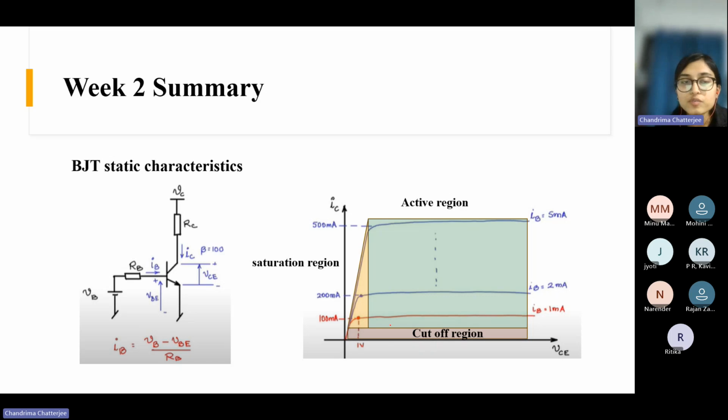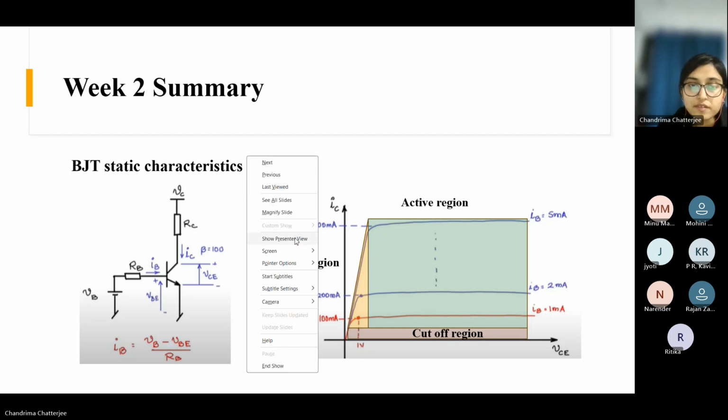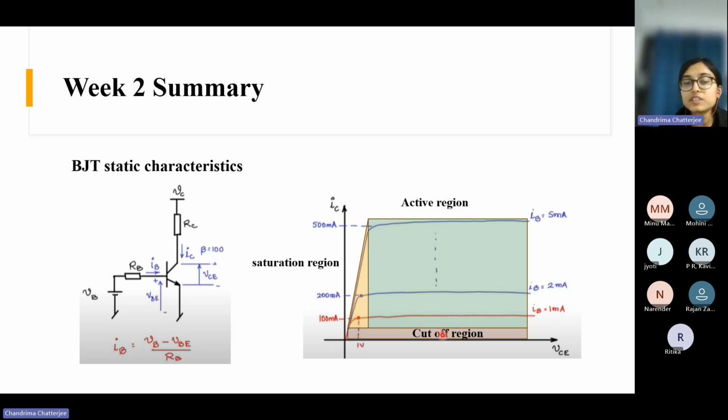This is what we plot to get static characteristics. And there are three regions: cutoff region, saturation region, and active region. About active region and saturation region, we already talked about, but anyway, I will again explain here.